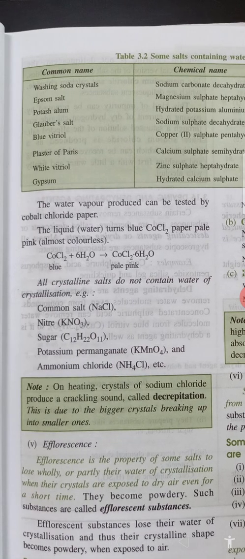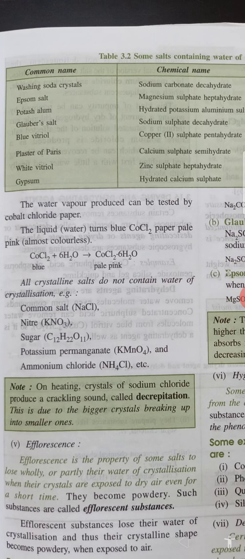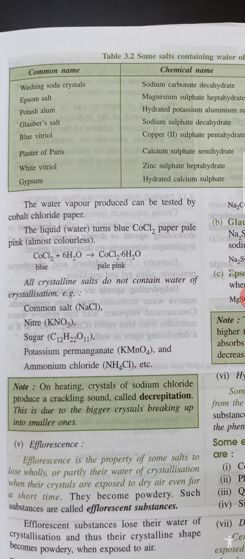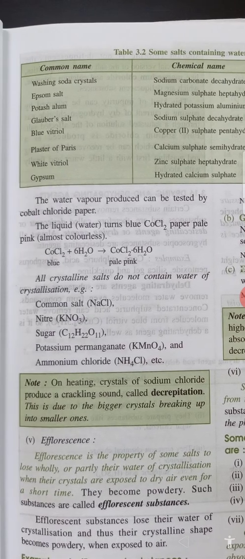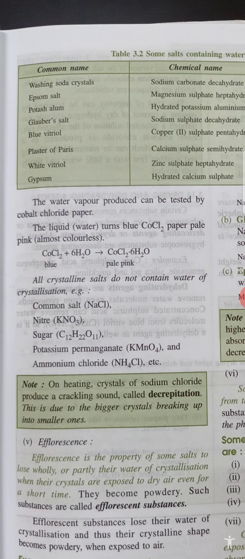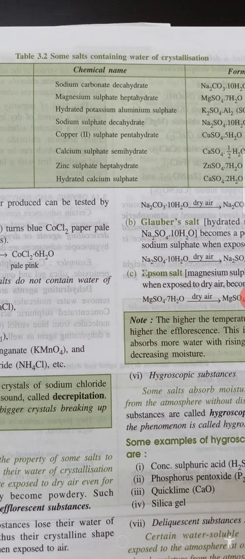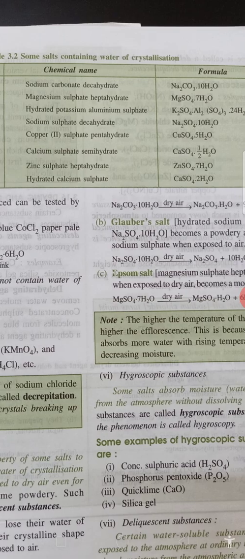And children, these have been given some common names which you can see from here. Copper sulfate is called blue vitriol, sodium sulfate is called Glauber's salt, and hydrated potassium aluminum sulfate is called potash alum, this way. Then plaster of Paris, children, this is calcium sulfate hemihydrate, that is calcium sulfate dot half H2O.